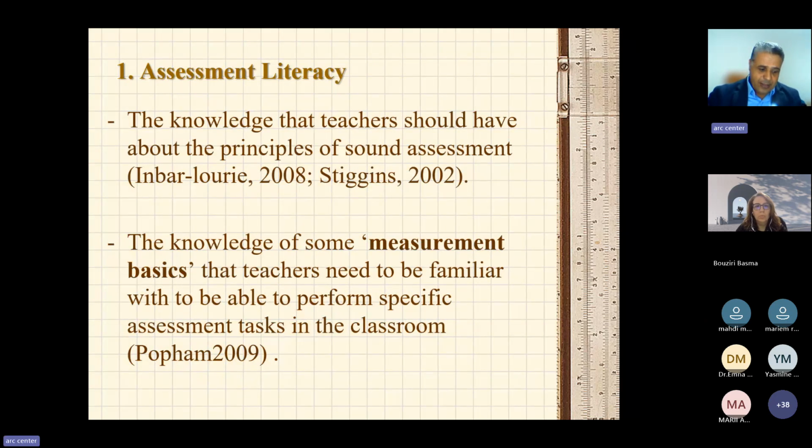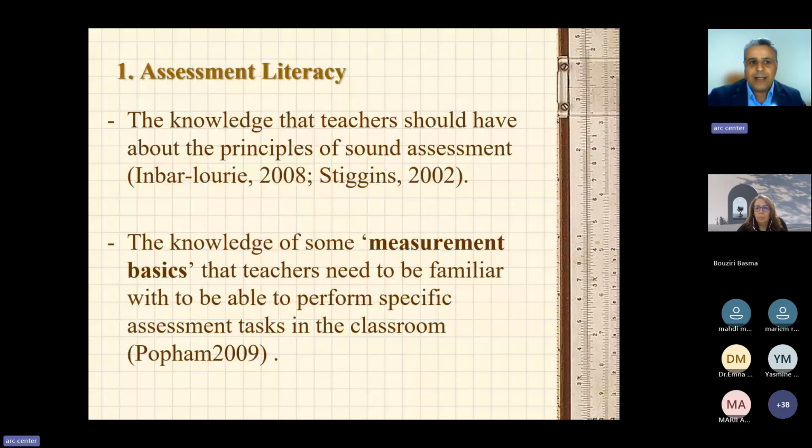So this interest in assessment literacy came as a reaction to the general belief that a teacher is an assessor by definition. So it's not only in Tunisia, it's all over the world. Most people think that when you say a teacher, it means by definition that he's able to design and construct tests.